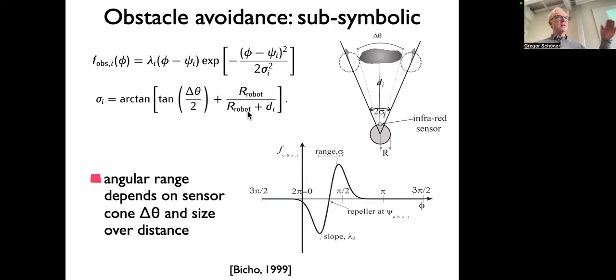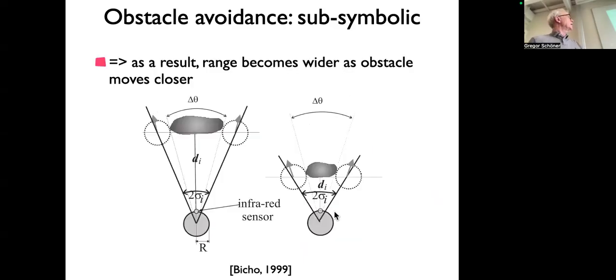This is assuming some approximation. So that has an interesting consequence, because it will mean that when you avoid the same obstacle at a closer distance than at a larger distance, this angle that you add is more, because the vehicle extends a larger visual angle when it is at the obstacle distance than if it's far. Stuff that comes close grows in size on your retina, let's say, it's your visual angle.